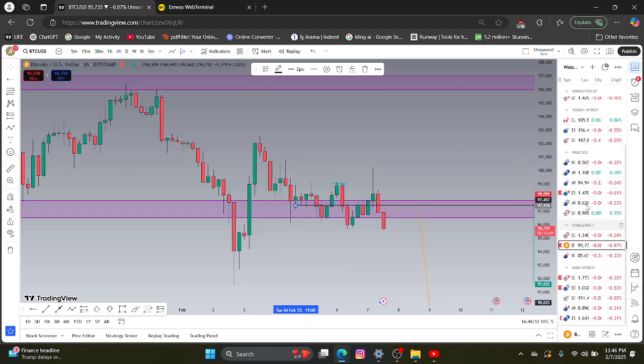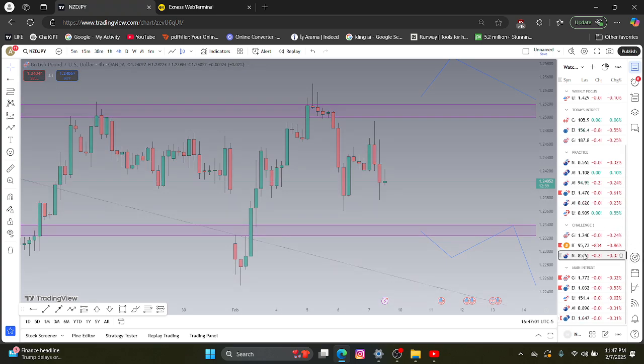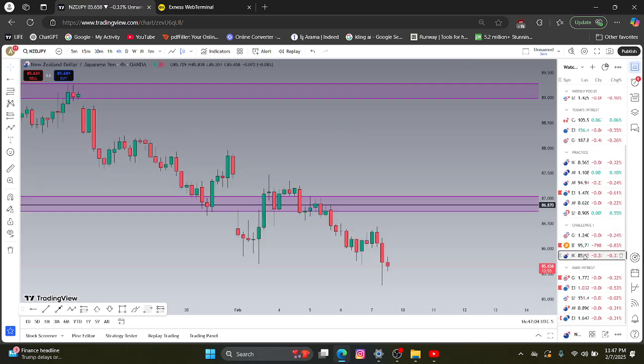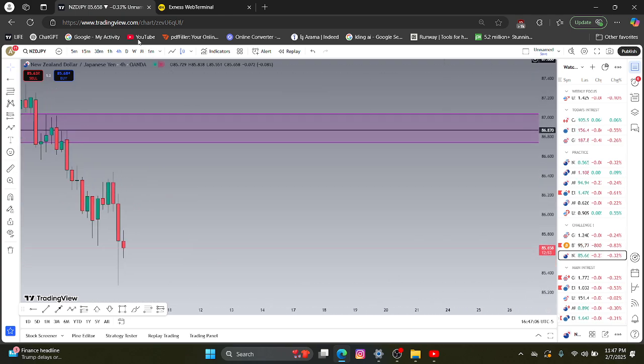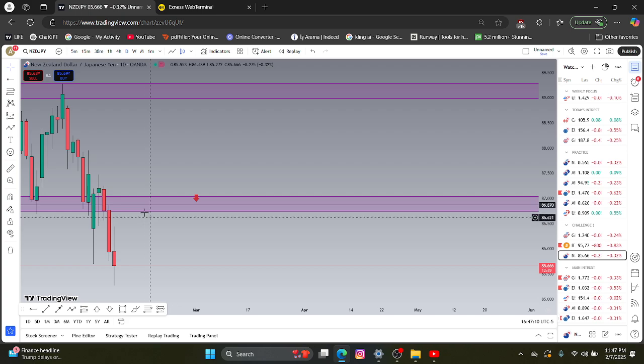So this is another pair we'll be looking at. This one I said if it breaks below. This one I said if it traces back there.